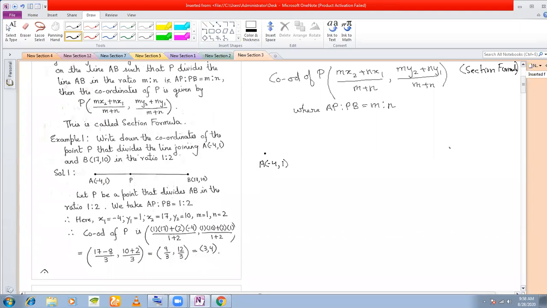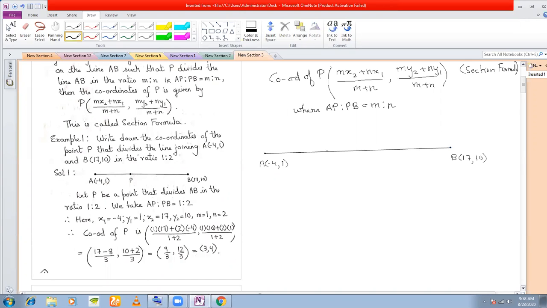And let us take a point B here, whose coordinates are 17, 10. We join these 2 points and we want to find out the coordinates of P.